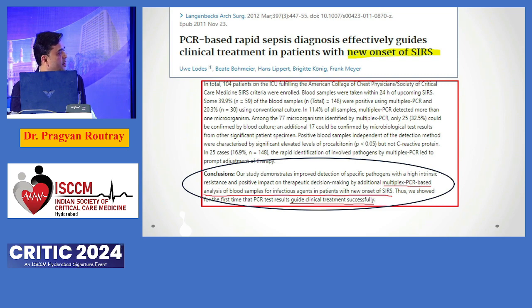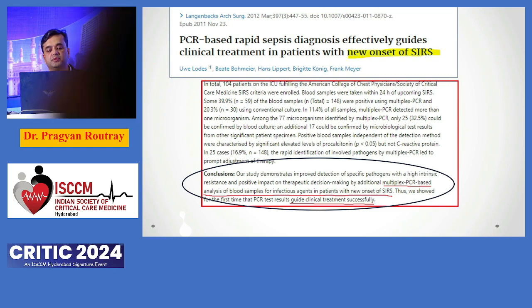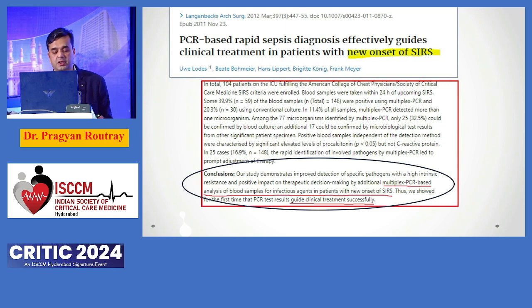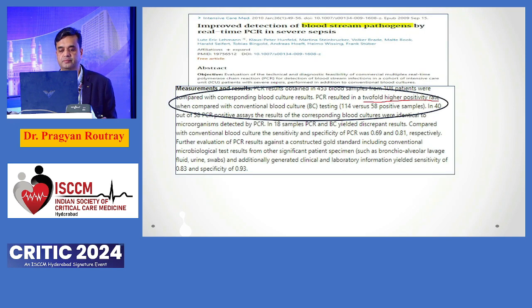Thus, they showed that PCR test results guide clinical treatment successfully. So in all patients of SIRS where you are confused whether to start antibiotics or not, it has been clinically proven that if you use blood multiplex PCR, you are able to delineate very nicely between SIRS due to other causes and SIRS due to infection.